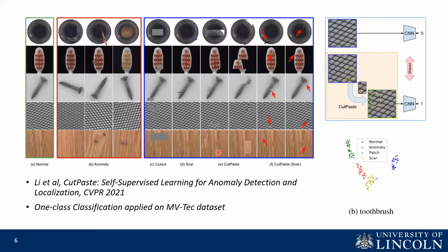In fact, scientists from Google Brain solved a similar problem. They only used normal images of items like toothbrushes and screws to train a detector, but the detector could successfully detect the anomalous examples later. What they did was simple.